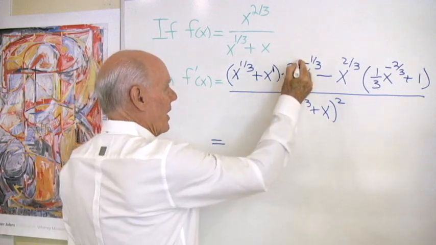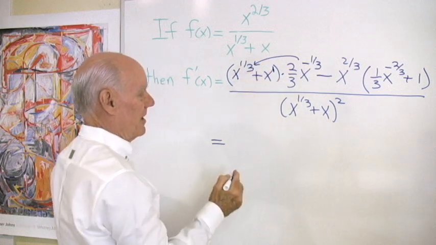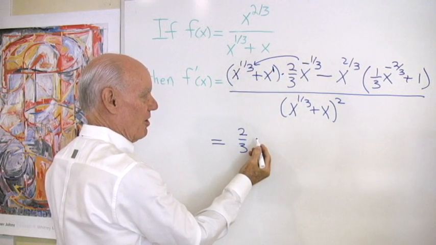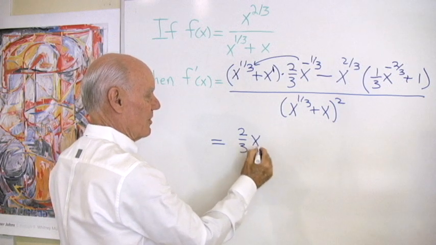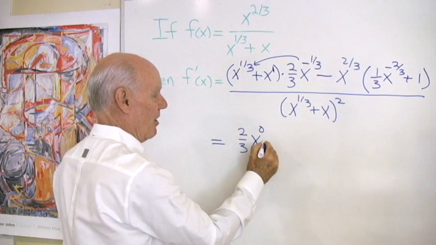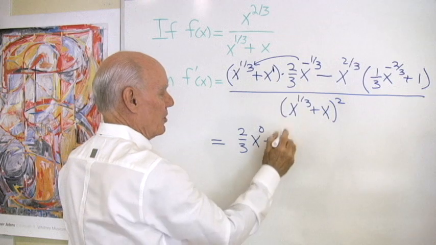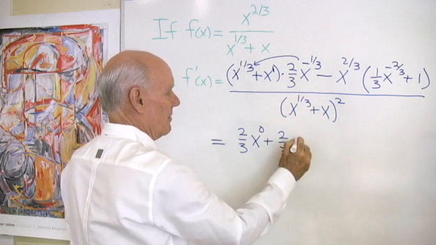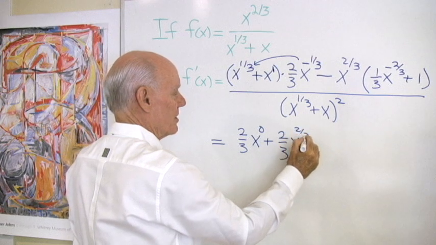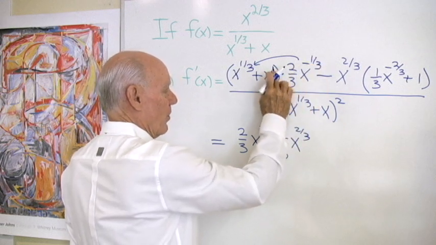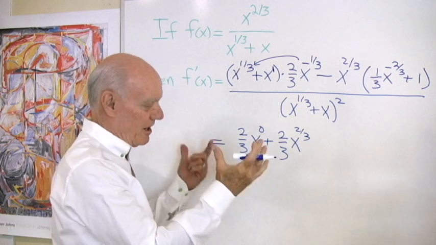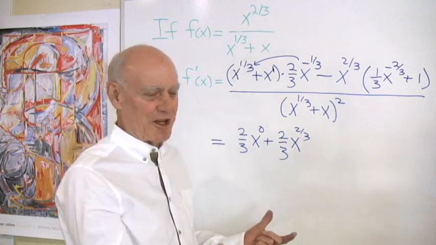I'm going to multiply this times this, and I'll get 2/3 x to the 0, which is 1, I'll just write down x to the 0 for right now, plus 2/3 times x to the 2/3. When I add 1/3 and 1, I get 2/3. So at least I've got rid of the negative exponents. And look, if this doesn't work, I'll try something else.